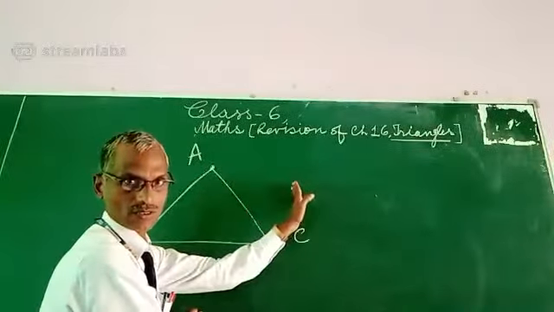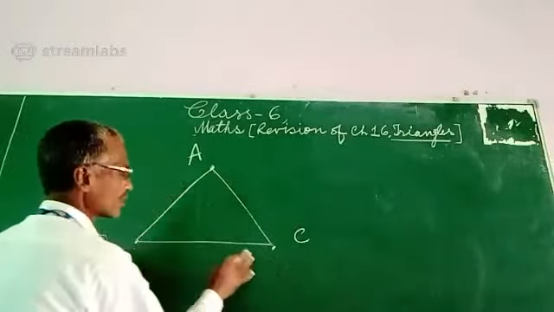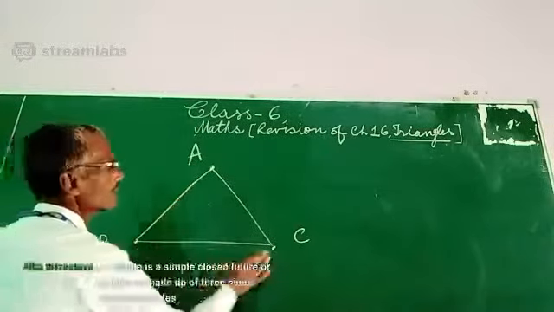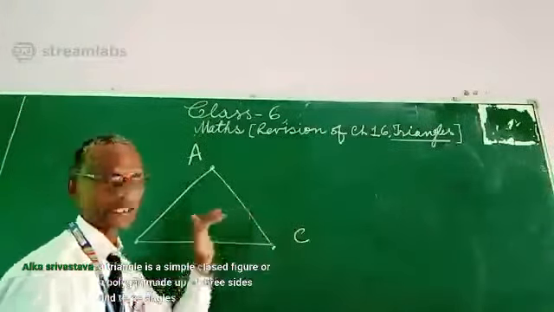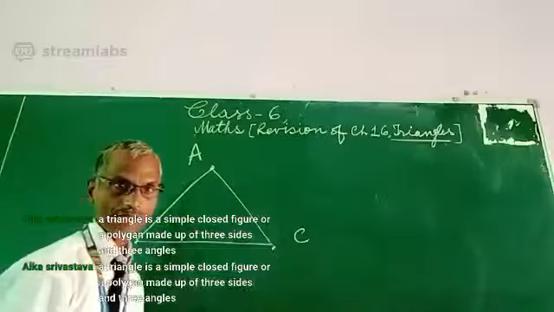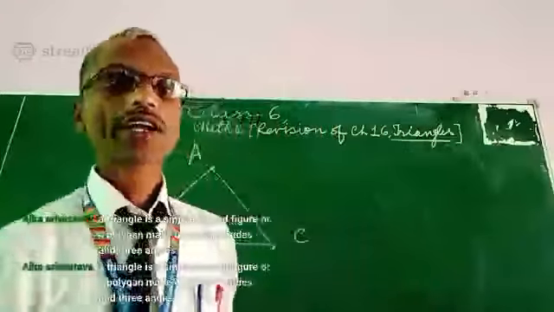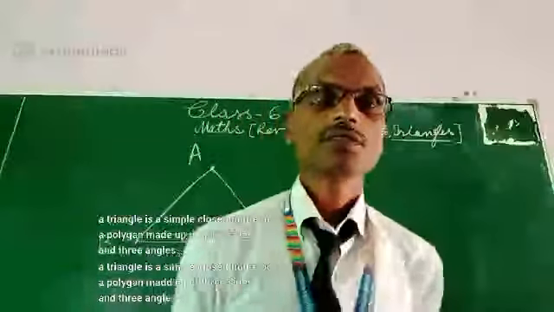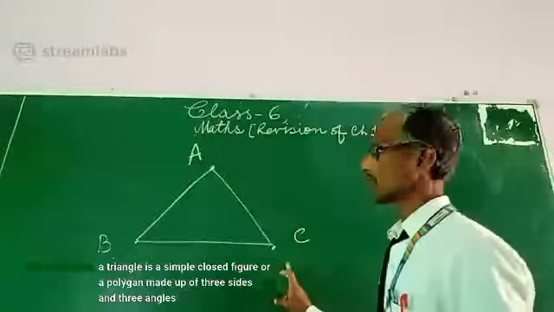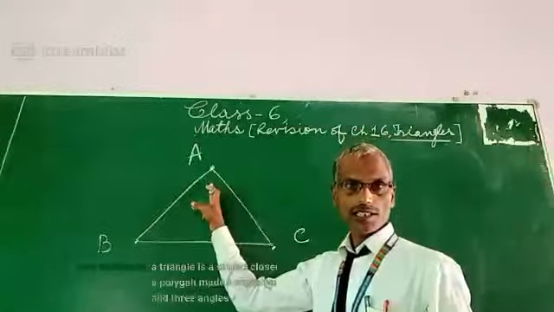So this plane figure bounded by 3 line segments is called a triangle. A triangle is a simple closed figure bounded by 3 line segments AB, BC and CA.